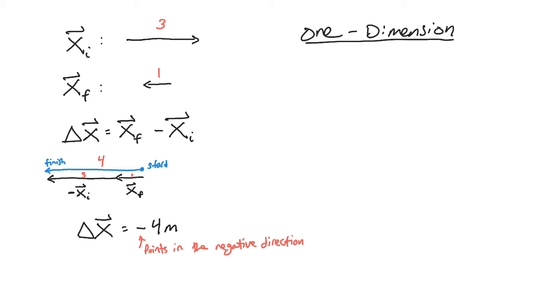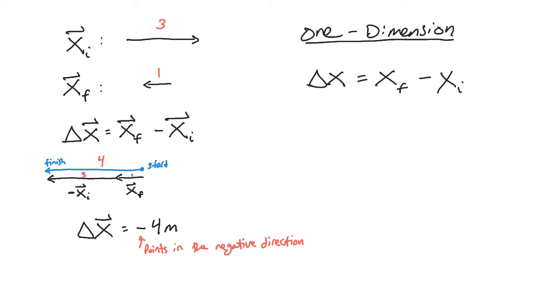To do this thoroughly, we do want to use it so we can technically show you the exact right way to do things. But now I'm going to go ahead and just drop that vector notation and just write the displacement like this: final position minus initial position. That's how we calculate a change in position. And as long as we're in just good old one dimension, we can just use numbers like we're used to doing in math.